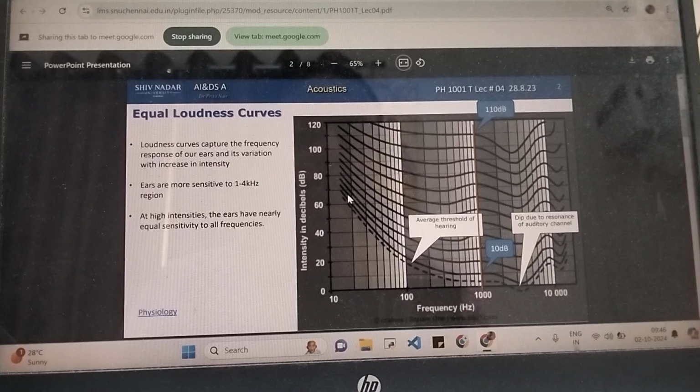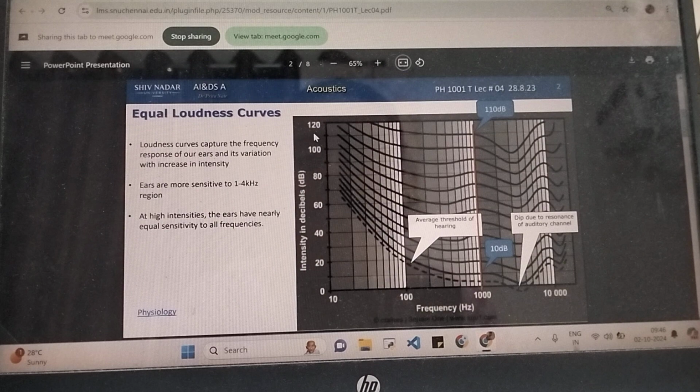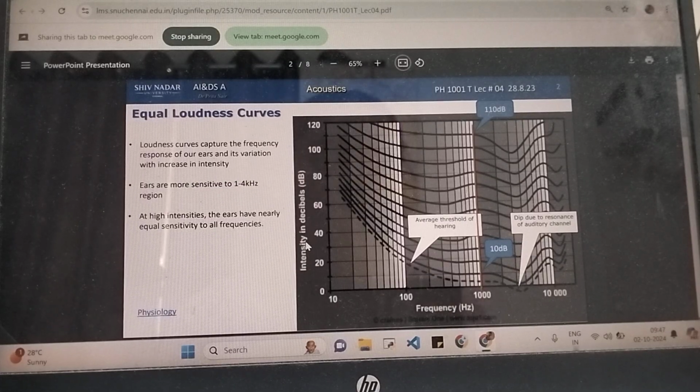So you can see frequency on the x-axis and intensity on the y-axis. So intensity, the usual intensity in decibels, this is actually intensity level, not intensity, so don't get confused. So the left side talks about intensity level or loudness, and the x-axis talks about the frequency. So frequency, normally we can hear from 20 to 20,000.